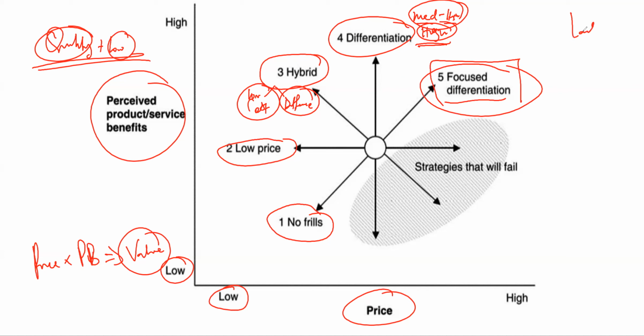Let's say if somebody is buying a Lamborghini compared to somebody buying a Toyota, which one do you think will be a focus differentiation strategy? So the Lamborghini. Because we are saying that the price is now high, and the benefits are also high. Do you understand? High.